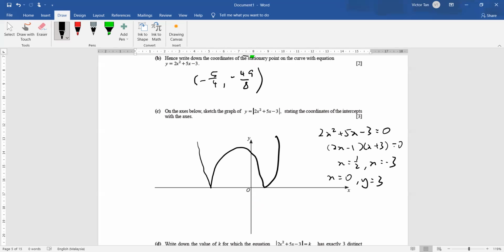This will be minus 3, this will be half. This point would be 3. This maximum point is minus 5 over 4, 49 over 8. Okay, there you have it.